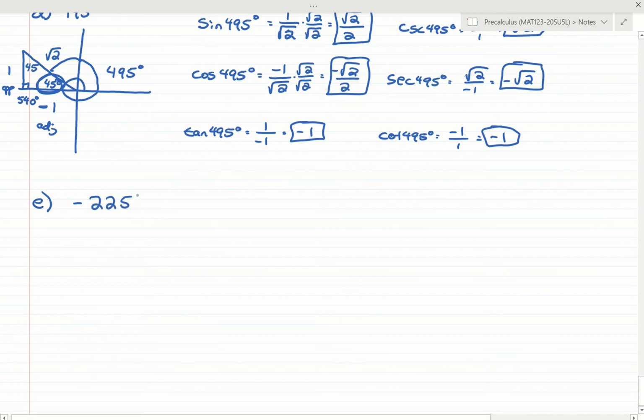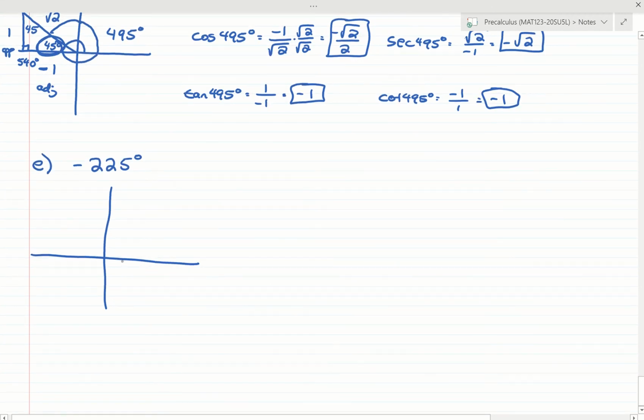Negative 225 degrees. Let's figure this out. So it's negative. So this would be negative 90, negative 180. Negative 225 would be somewhere over here. What's the fastest way back to the x-axis? Well, that's this way.